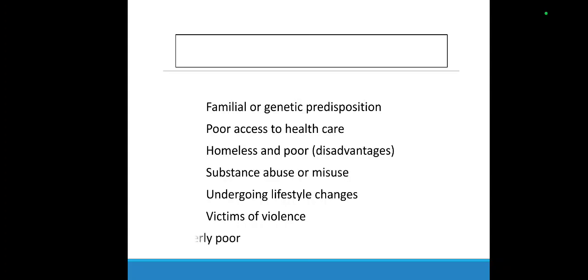And lastly, those who are elderly or poor. So usually, as you can see here, the very common characteristic of this population at risk is that they are vulnerable. Vulnerable to abuse or violence are women and the elderly.